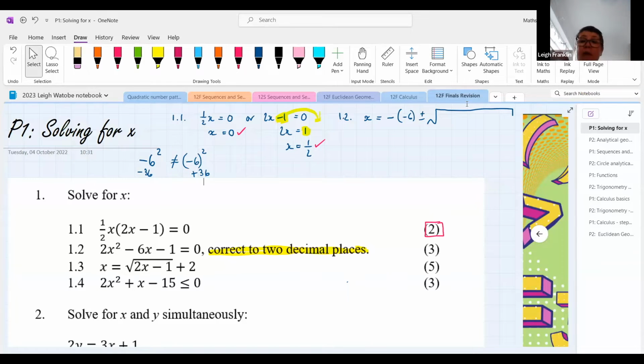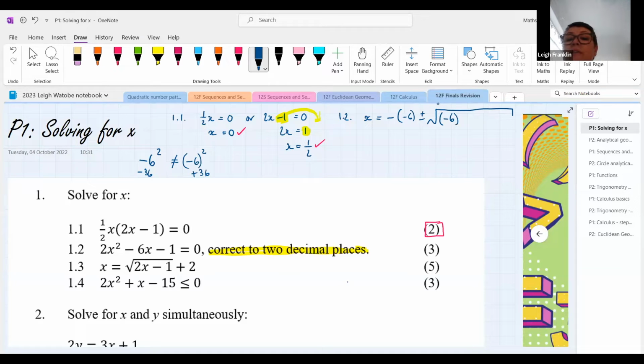So if A and C are both positive, the number that you're going to end up subtracting is going to be smaller than 0, and you're going to end up with a negative root. And then on your calculator, when you put it in, it's going to give you a math error. So very important, use brackets always for all substituting.